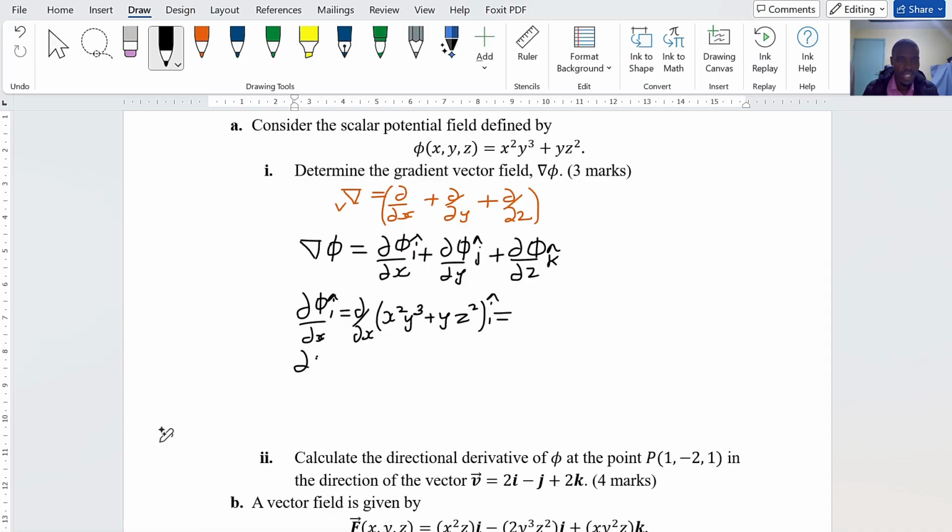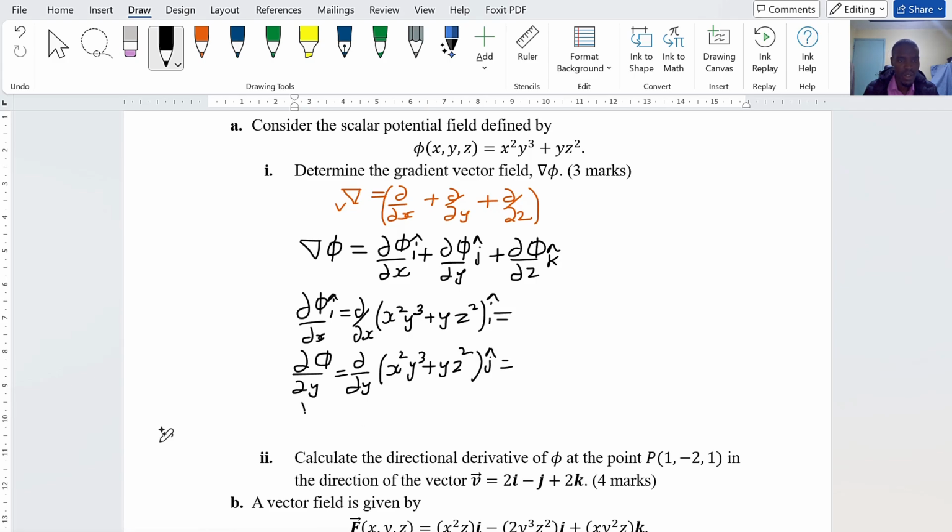We are going to differentiate phi partially with respect to y, so that will be d over dy of the same thing, x squared y cubed plus y z squared, and this is j.